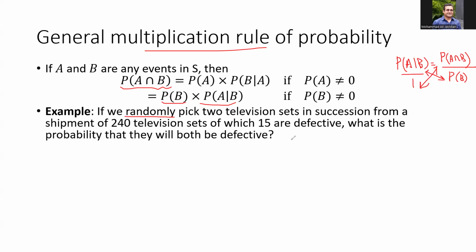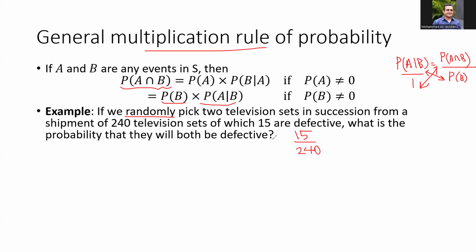What's the probability of picking a random television and that television being defective? The number of defective TVs is 15 out of 240 cases. So that's the probability of a television being defective.